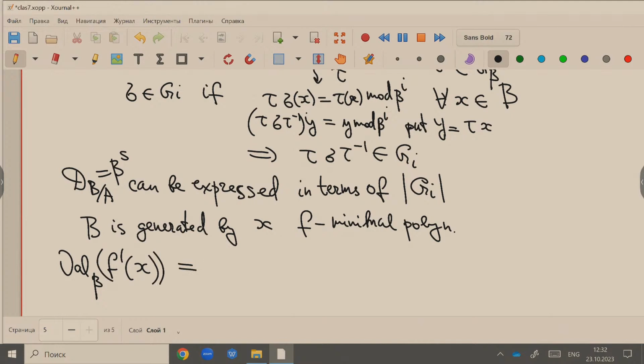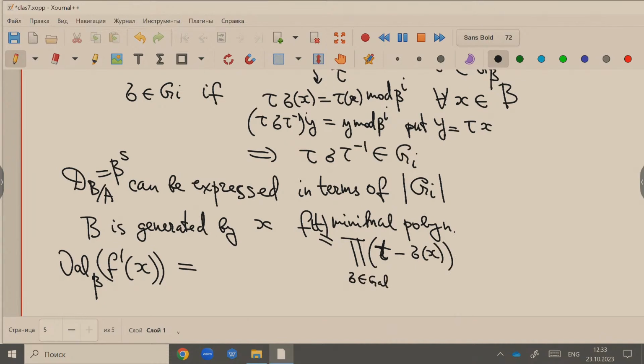But the minimal polynomial, since we have the action of the Galois group, is just the product of f of t equals t minus sigma of x, where sigma runs through the whole Galois group.